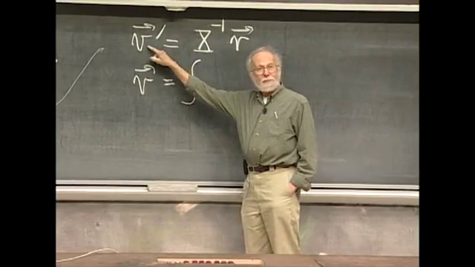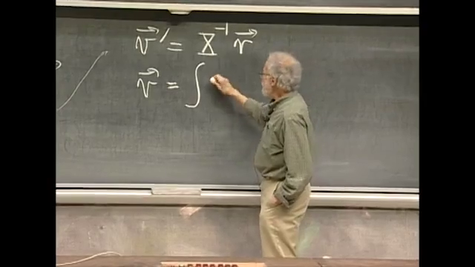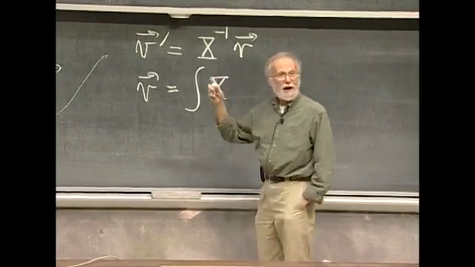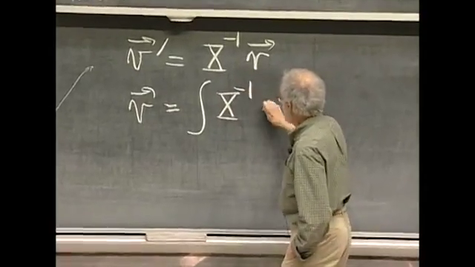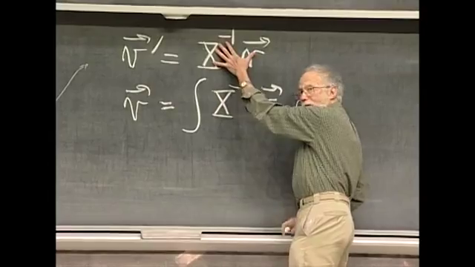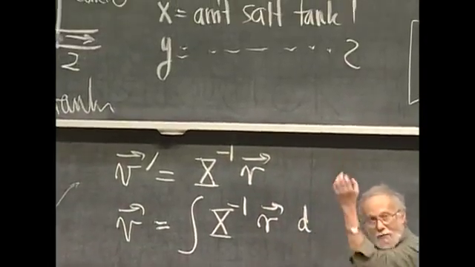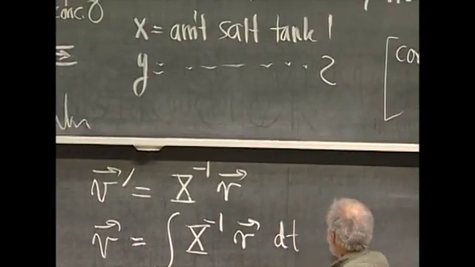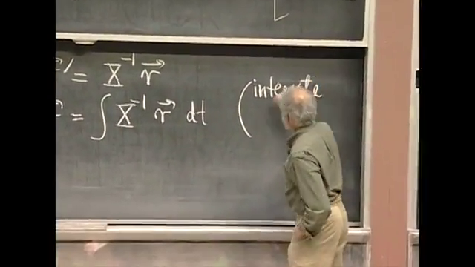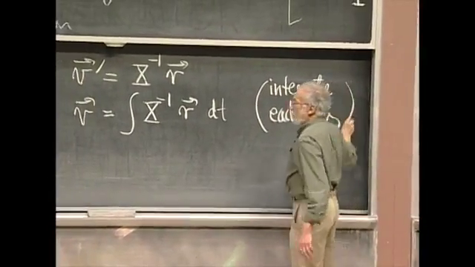This is done by differentiating each entry in the column vector, and therefore we should integrate it. So it'll be the integral, just the ordinary antiderivative of X inverse times r, and this is a column vector. The entries are functions of t. You simply integrate each of those functions in turn. So integrate each entry. There's my v.